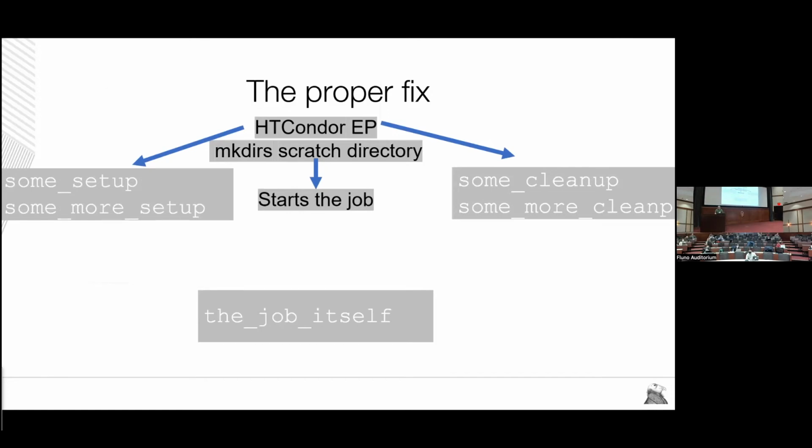And when we run the job, we're just running the job itself. So any error code that comes back from the job is from the job proper. And any failures in the setup, Condor knows about directly because it was responsible for the setup, or failures in the teardown the same way. Condor did it, so it knows exactly what was going on. And we don't have to overload and merge that error code.